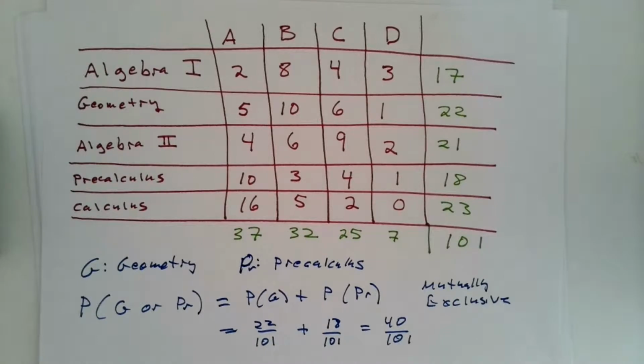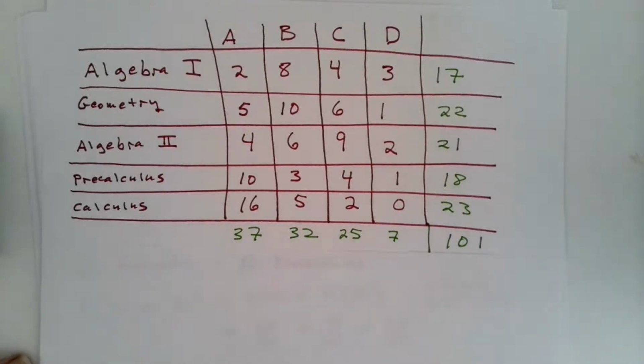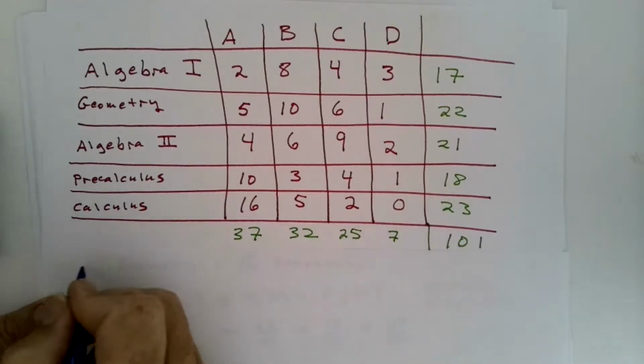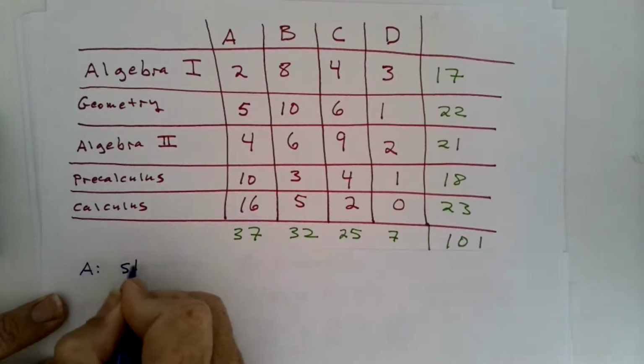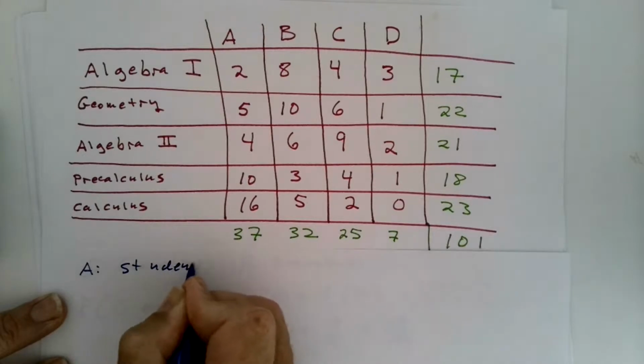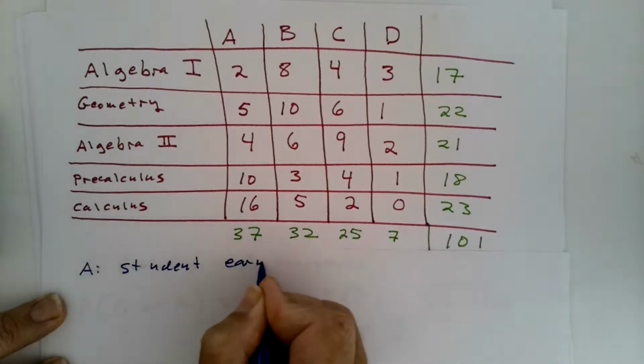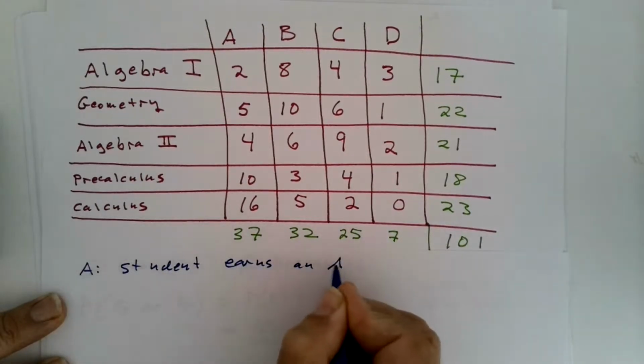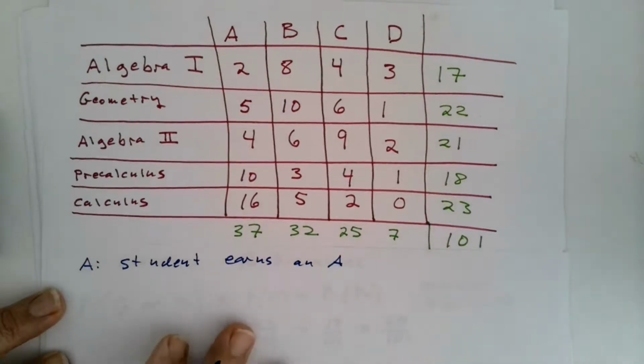Now, if instead I ask, what is the probability that a student gets an A or is taking geometry? This time A is the event that the student earns an A, and G is the event that the student studies geometry.